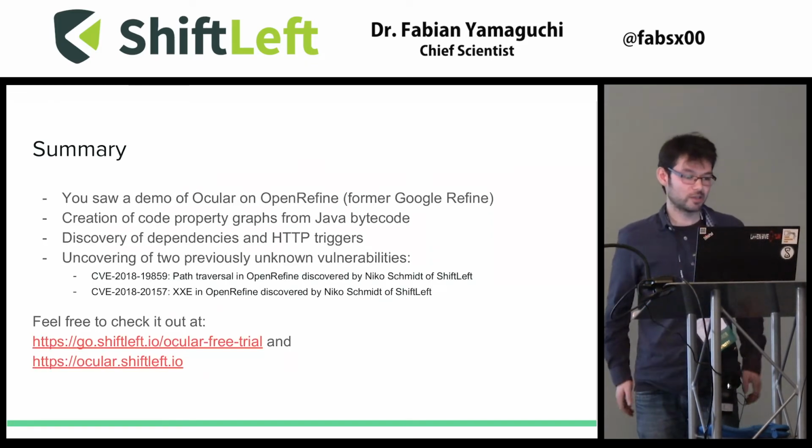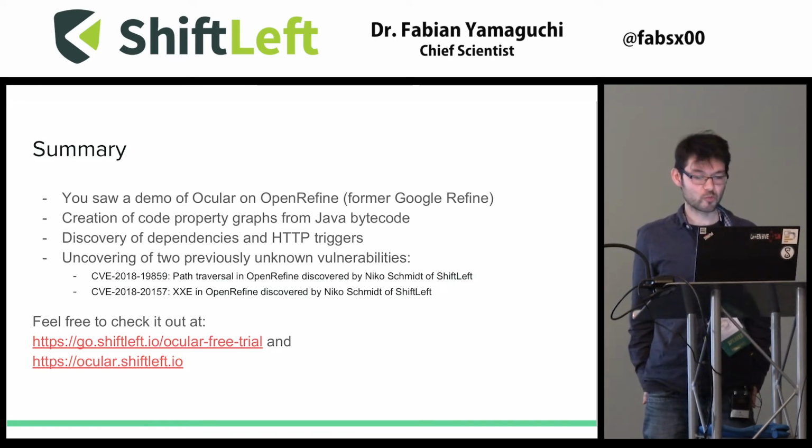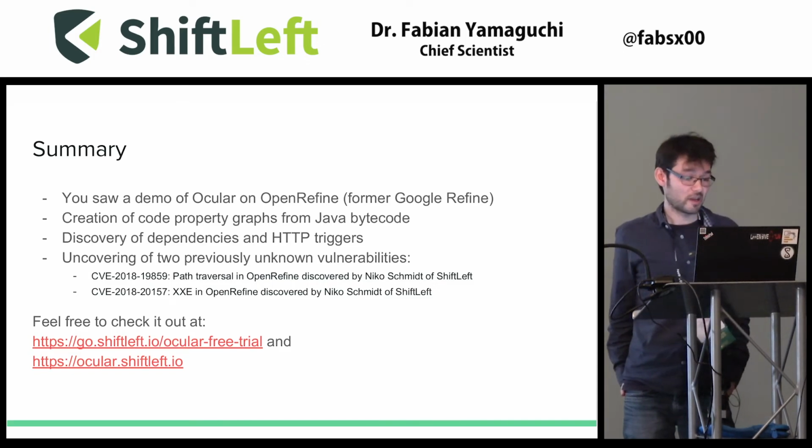Yeah, with that being said, let me summarize. So you saw a demo of Ocular on OpenRefine, formerly Google Refine. You saw that we take Java bytecode, that's an example really, to create these code property graphs. These code property graphs look exactly the same regardless of the programming language you are processing, except for the names, of course, of methods.